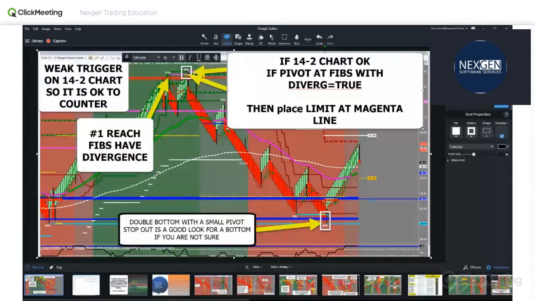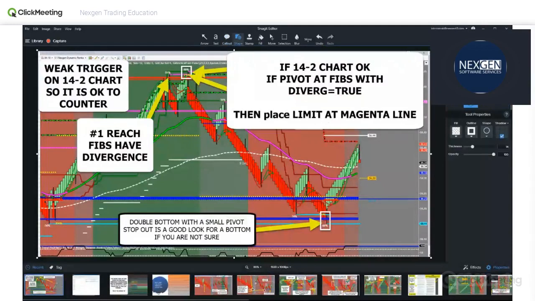So you're literally when you're going to do a pivot stop out trade, you're going to place a limit order right there, which is going to only result in one of two things, Milby. You're either going to have caught the top and you're going to make a lot of money going short, or you're going to lose 10 ticks max. And you're only going to do it once. One and done on counter trend trades, because if you break fibs and triggers and divergences, then the trend resumes.